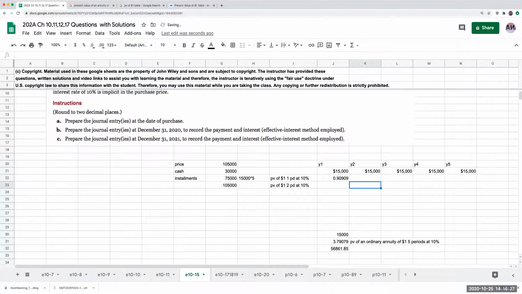This would be present value of $1, 3 periods at 10%, present value of $1, 4 periods at 10%, and then present value of $1, 5 periods at 10%. So why am I doing this? I'll show you in a moment. It's got a huge payoff.